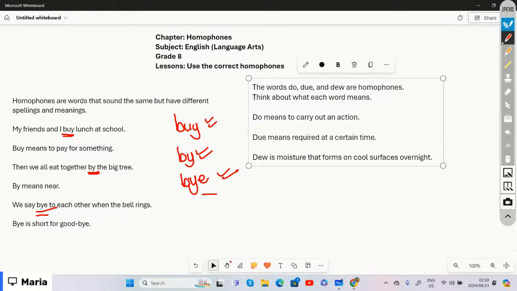All right. So once again, homophones are words that sound the same, but they have different spelling and different meaning.